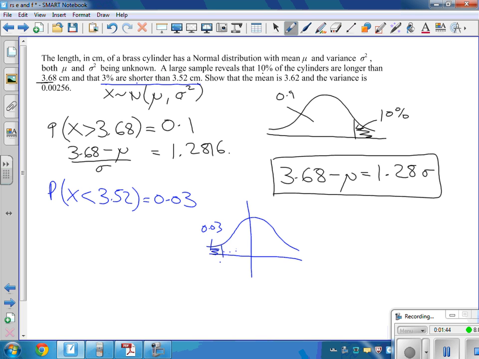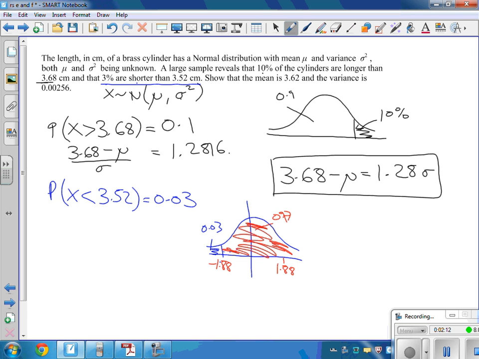So what have you got there? You've got 97% of it up here. So flip it round and look up the 0.97 value, and that gives you the 1.88 value. And so the value we want is the minus 1.88.